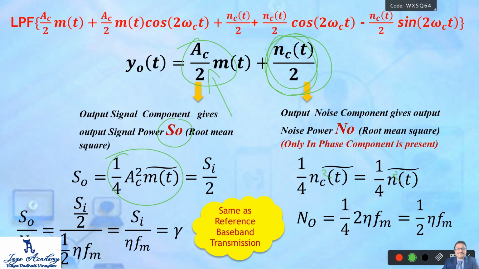So in that case, you can write, you know about what is n square of t. This we calculated just now, the root mean square of n of t. We substitute that. 1 by 4, 2 times eta fm. That will give you n naught as 1 by 2 eta into fm.